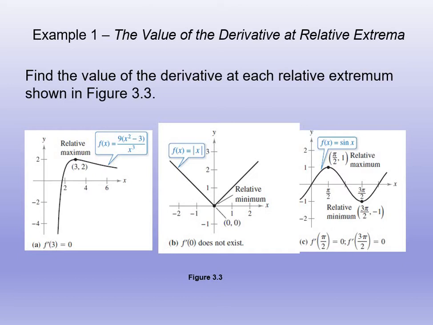In order for us to find that, we want to find when the derivative is 0. So we take the derivative of the function, using the quotient rule. We're going to walk through this in the next few slides, but we're going to find when the derivative is 0. When the derivative is 0, that tells us there's a horizontal tangent line there.